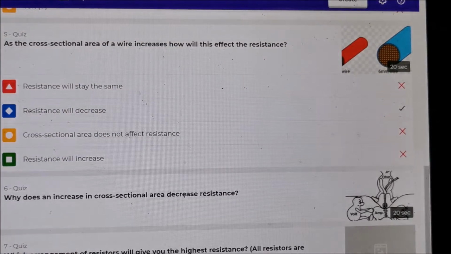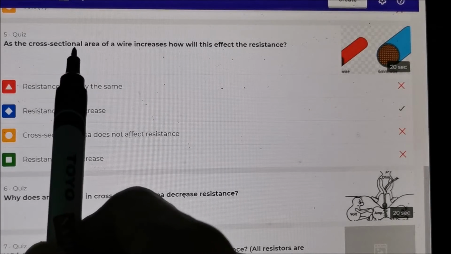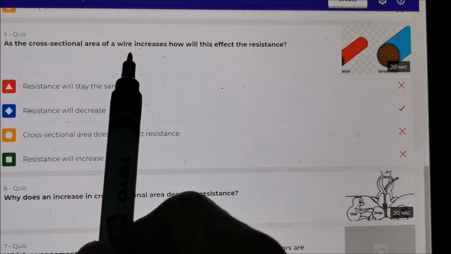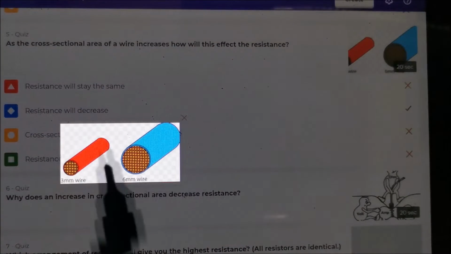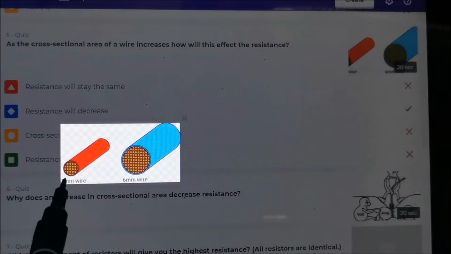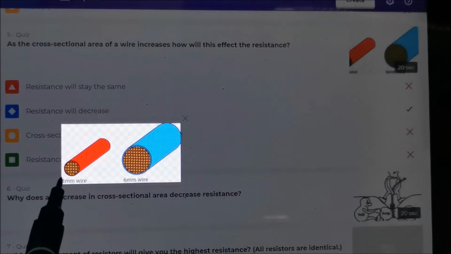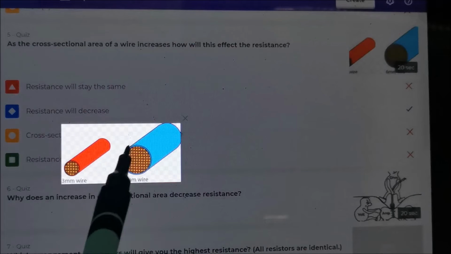Number 5, this one you need to do a little bit of thinking. As the cross-sectional area of a wire increases, how will it affect the resistance? Look at the wire, a thin one. The cross-sectional area will be bigger.